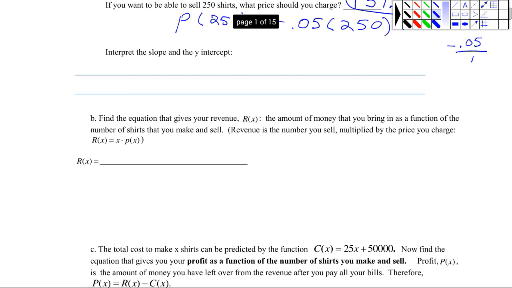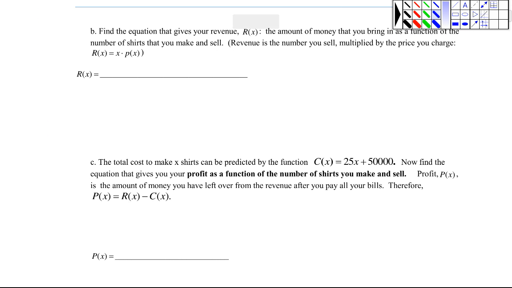Now let's go on to what the price equation is generally used for, and that is to figure out how to get the maximum revenue or the maximum profit, the amount of money you bring in, or the amount of money you get to take home. And maybe we should think about the difference first between those two.